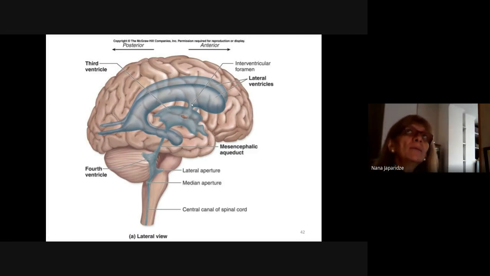And this type of tissue contains epithelium, contains loose connective tissue, and that is why it is very well vascularized. And actually, the cerebrospinal fluid is derived from the blood.